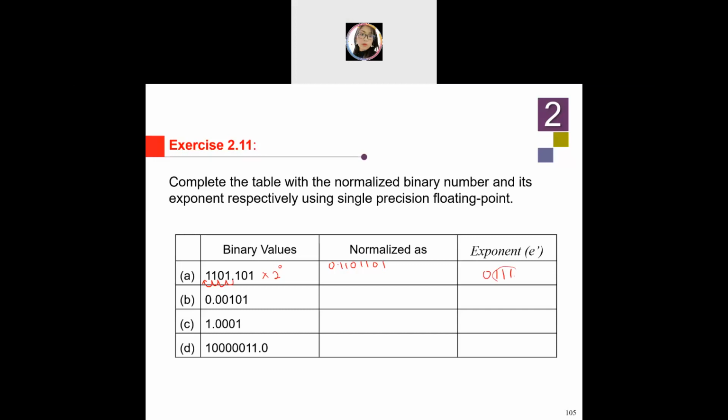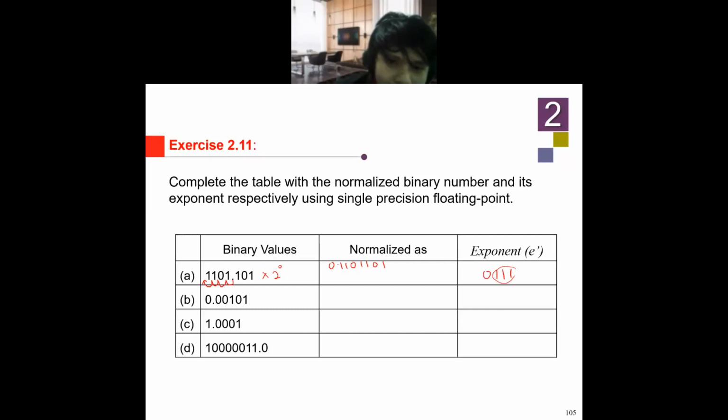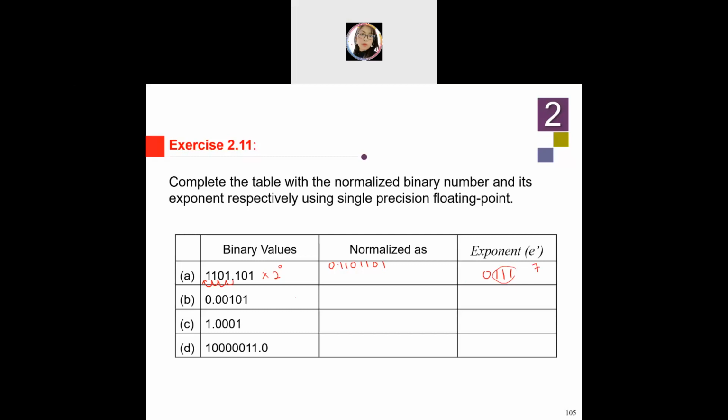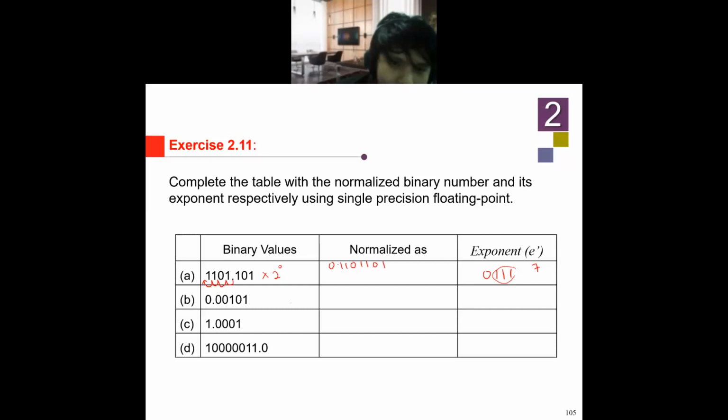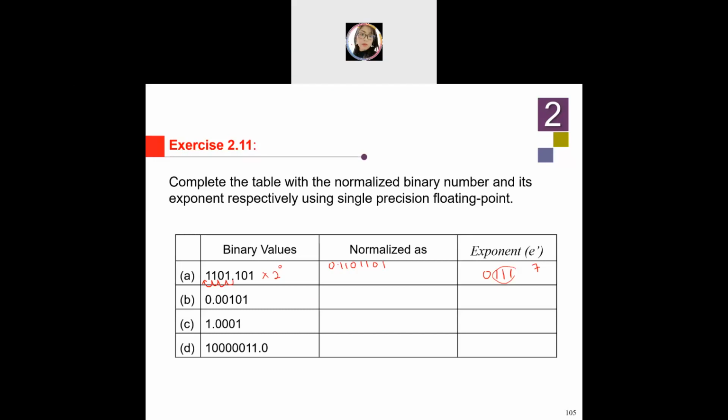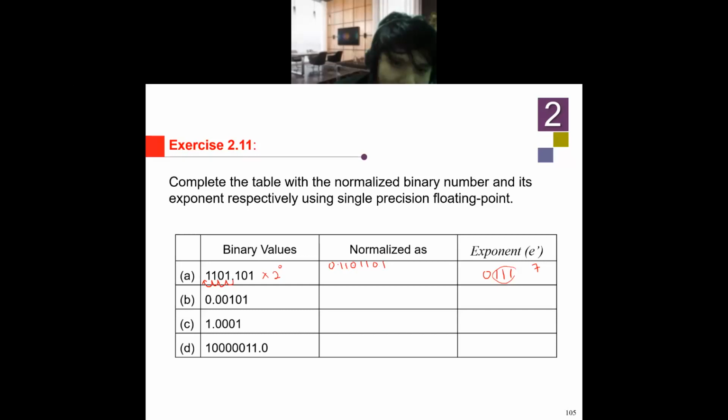This one is 7. Why is it 7? Where do you get the value of 7? Because there are 7 digits in the normalized number, after the radix point: 1, 2, 3, 4, 5, 6, 7. Oh, okay.